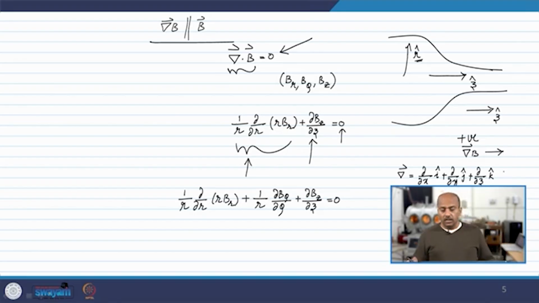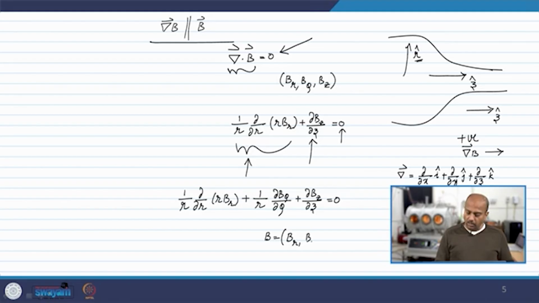Similarly, the del operator can be written in cylindrical coordinates or in spherical polar coordinates, and those relevant formulae you can find anywhere. I have just used them here, with del dot B equal to 0, and using the fact that B is now defined as Br, B phi and Bz.